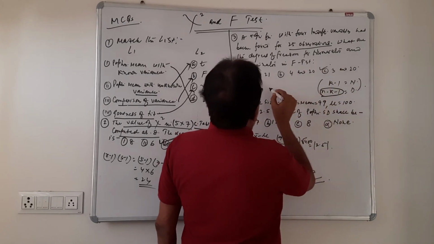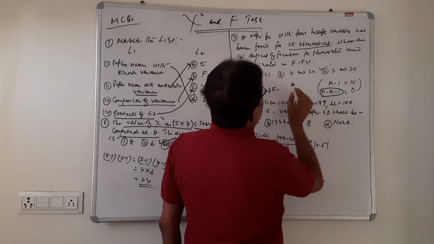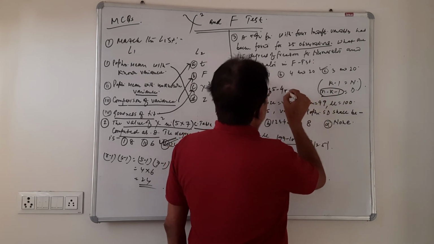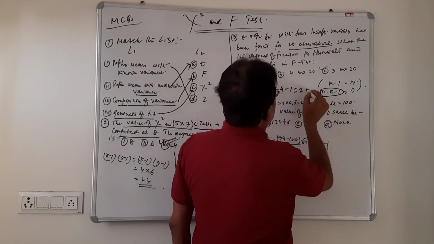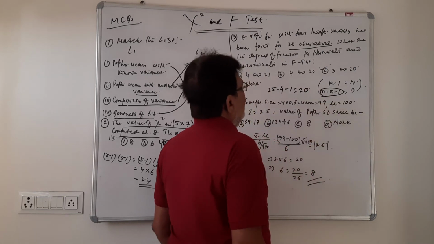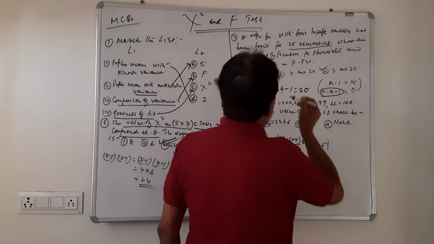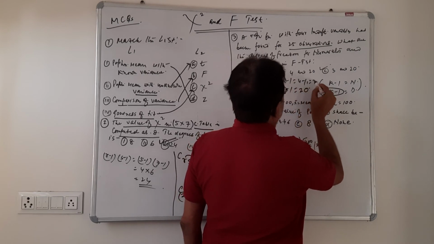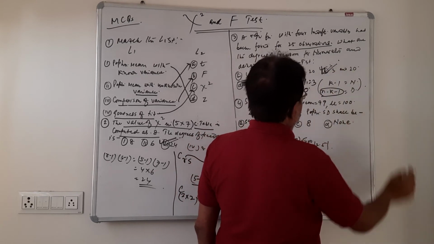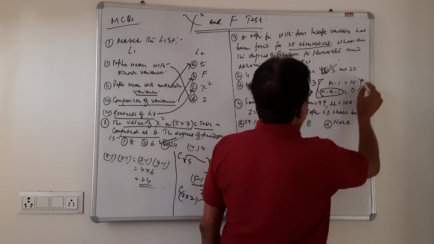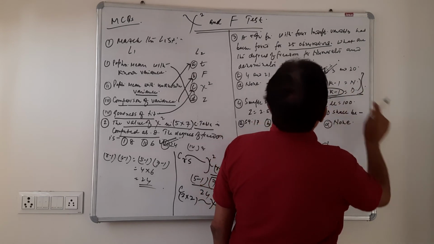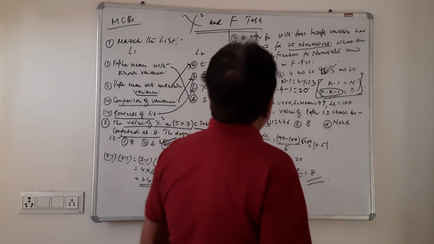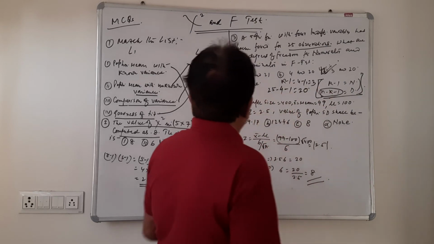Here n is 25, k is the number of independent variables, and minus 1, so that is 20. And the degrees of freedom in the numerator is k, that is 4. So that will be the answer. These are the 2 guidelines, thumb rules for finding degrees of freedom in this case.